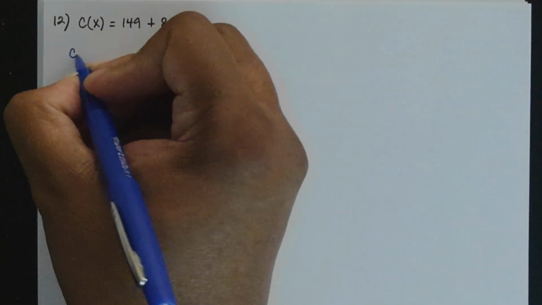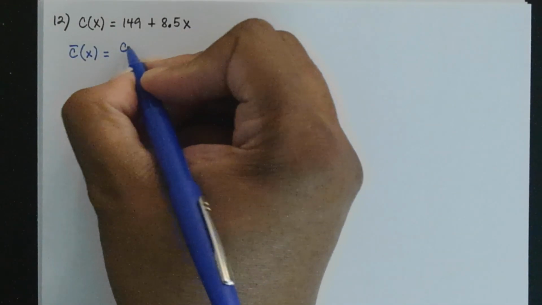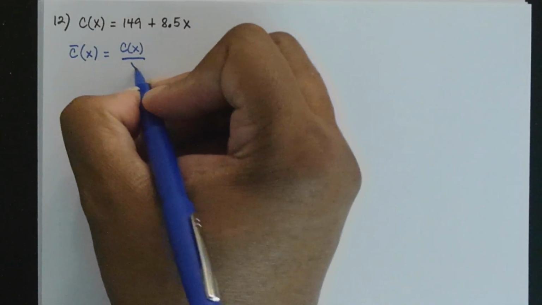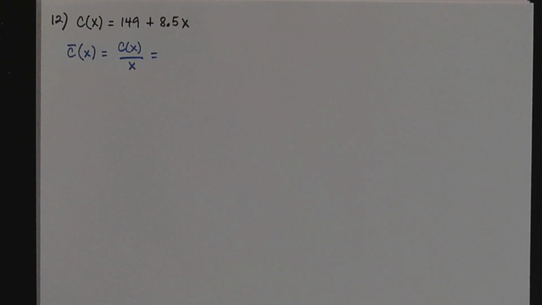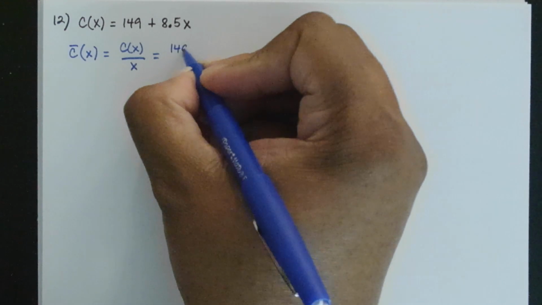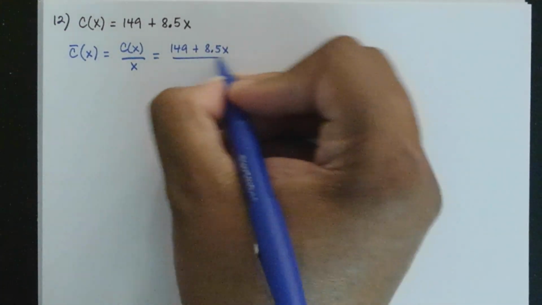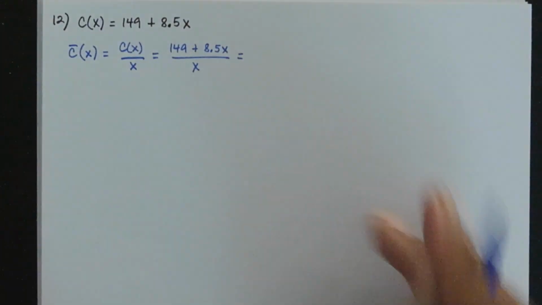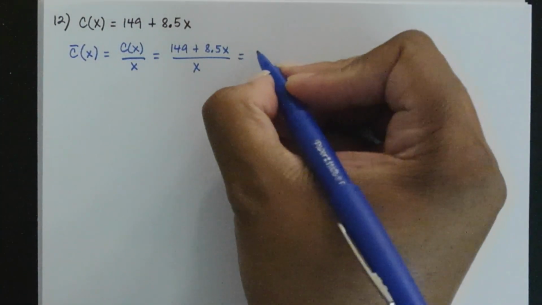So now to find the average cost function, that's C bar of x. That's going to be our cost function divided by x. So here I'm going to have 149 plus 8.5x divided by x. Each term in the numerator will be divided by that one term of x.